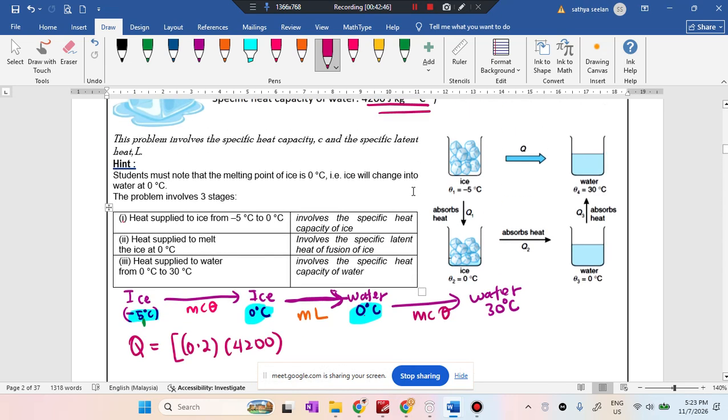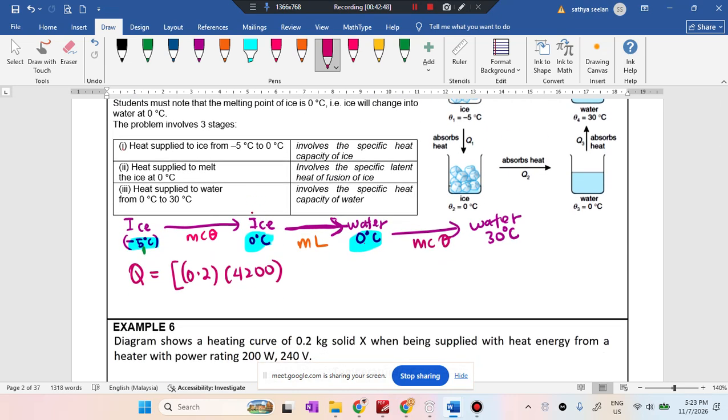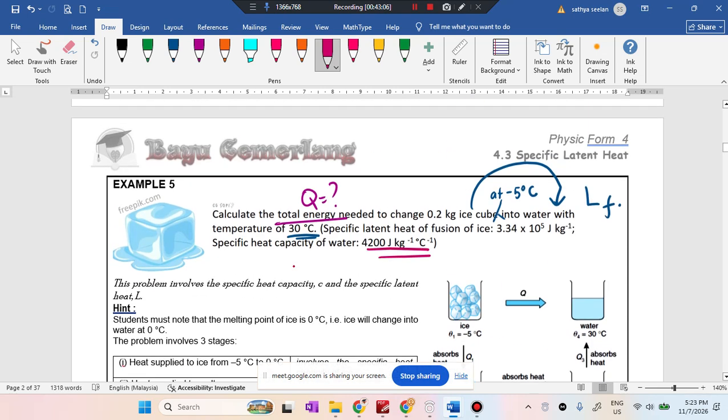Lepas tu theta. Negative 5 to 0. 5 je lah kan beza dia. Ini stage 1 lah. Nanti you akan confused dengan phase of matter. Okay, the second bracket is representing the ML part, the 0.2 and latent heat of fusion, this one is 3.34 times 10 to the power of 5.